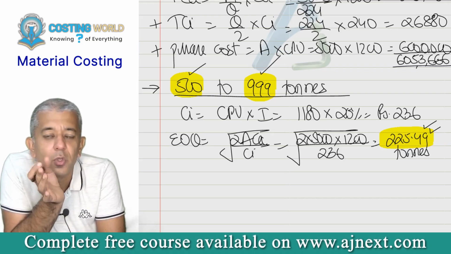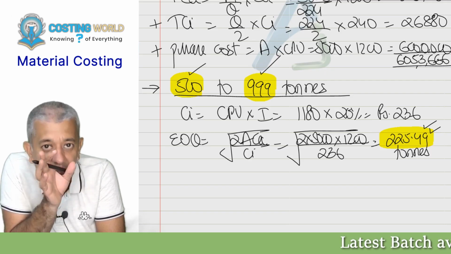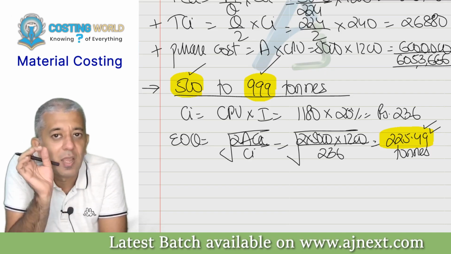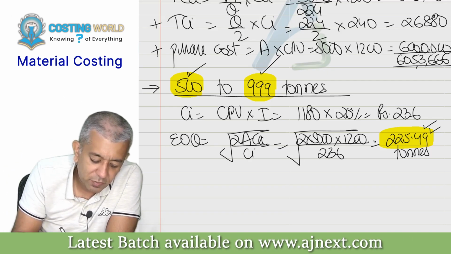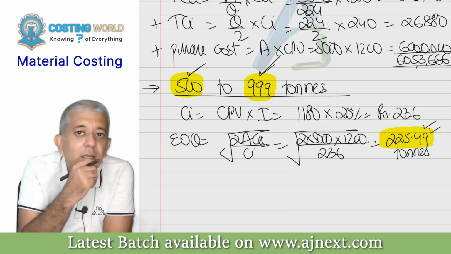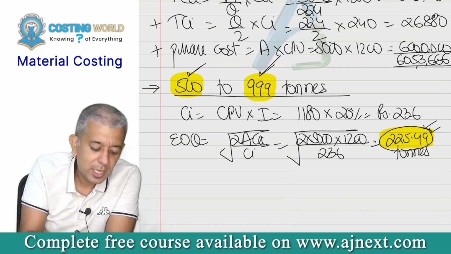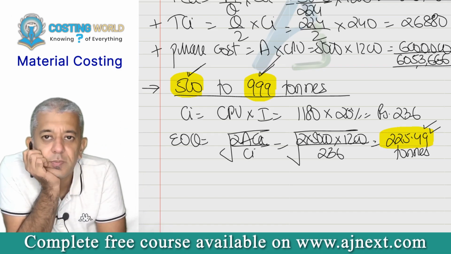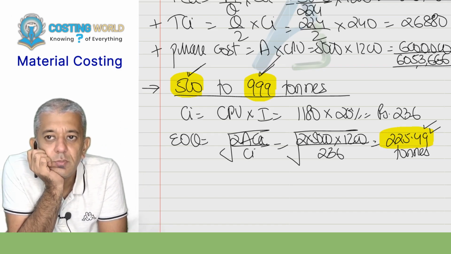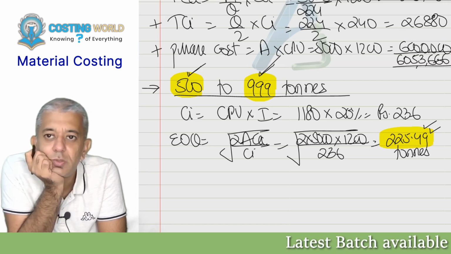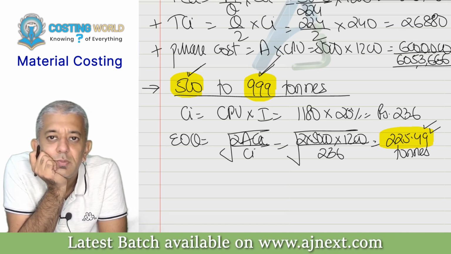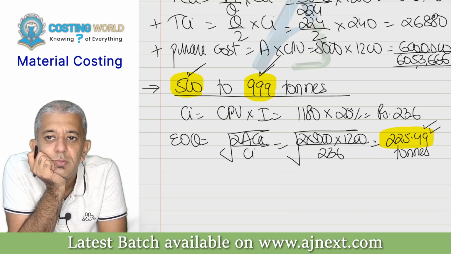Yes. So now you will have to tell me and think and tell me. I want to order any quantity between 500 to 999. Tell me, I can't order this much for sure. Tell me what quantity should I order? 500. Give me some other option also. So 500 is the best option because it is nearest to the 225.